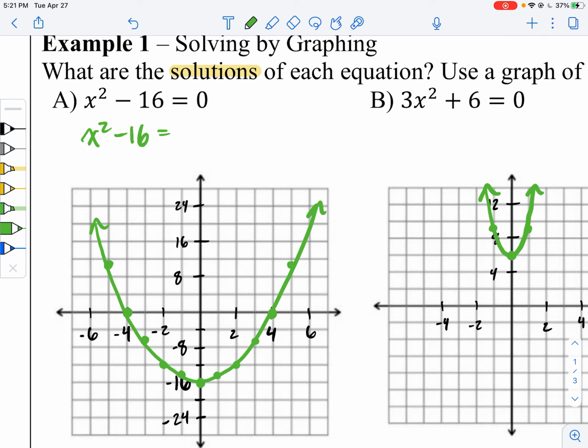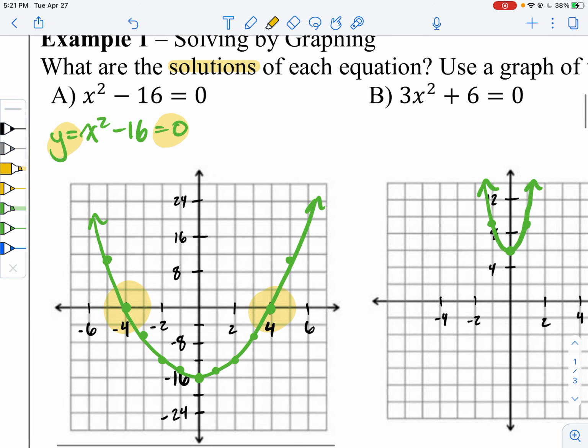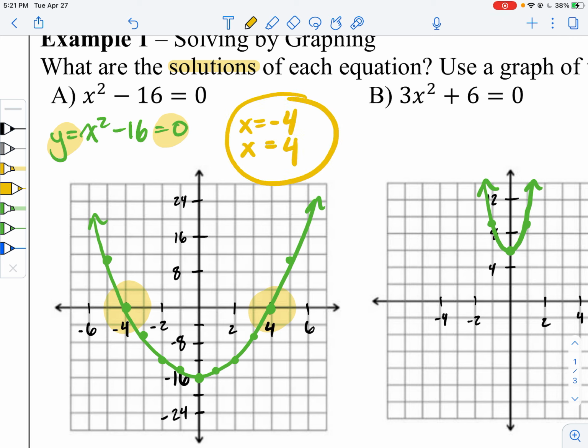You graph the equation y equals x squared minus 16, and you want to figure out when that is equal to 0. That's always going to be on the x-axis because you don't go up or down at all. And those points are right here and right here. So we would say that x equals -4 or x equals 4. You can write your answer like that.